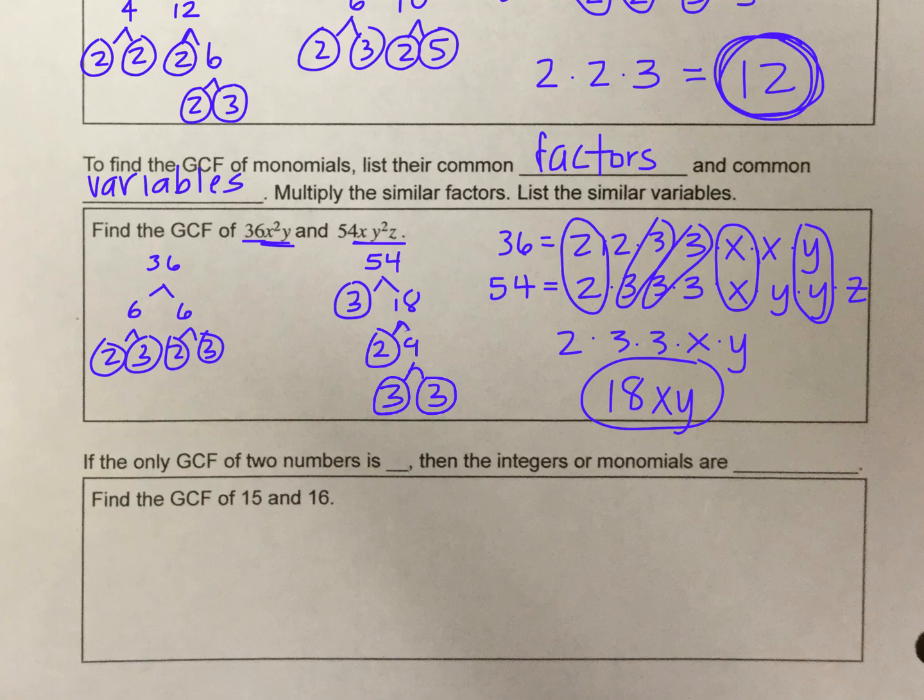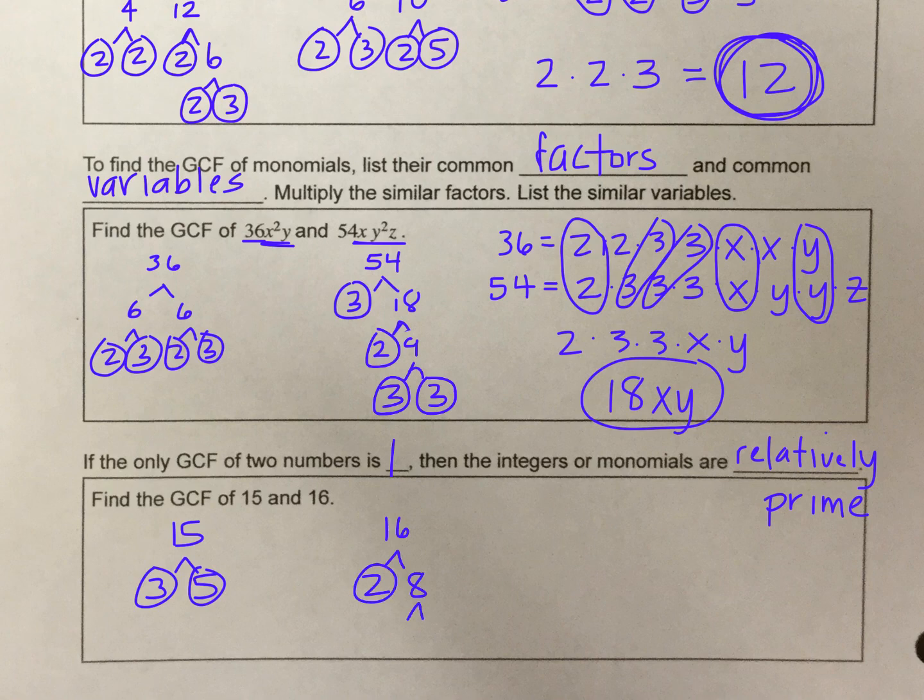The last thing, if the only GCF of two numbers is 1, then the integers or monomials are what we call relatively prime. Let me just show you what that means. GCF of 15 and 16. I got 3 and 5 for 15, and 2 and 8, and 4 and 2, and 2 and 2.